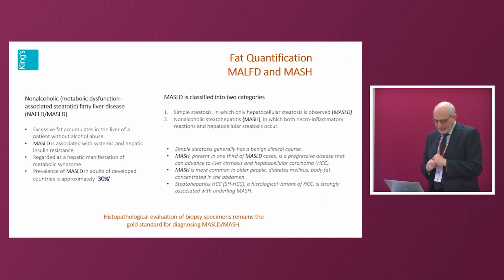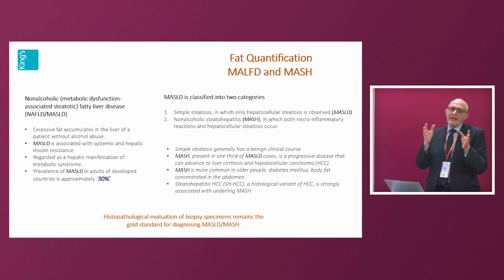So what happens with MASLD and MASH? So I've said already, 30% of adults in developed countries have hepatic steatosis. And there's a wide variation across the world. Of course, if you're from the United States, Mexico, United Kingdom, this is where you're going to have a lot of metabolic issues.